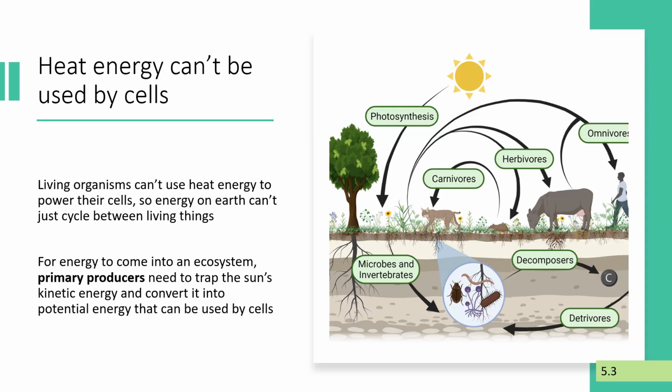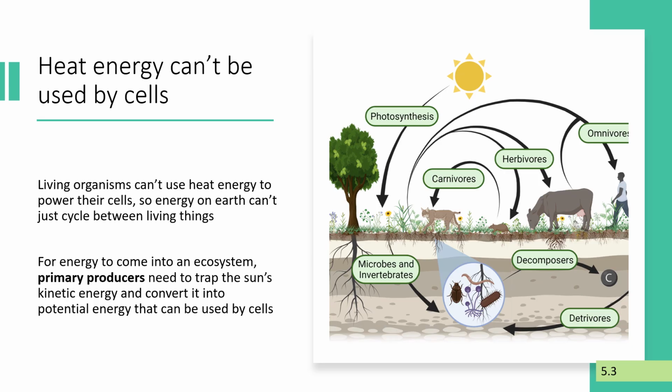If these transformations of energy were perfectly efficient, energy would be able to just cycle through the ecosystem, being transformed back and forth between kinetic and potential energy. But because living organisms can't use heat to power their cells, and some energy is released in the form of heat every time we transform energy, ecosystems need a way to bring in more energy and store it.